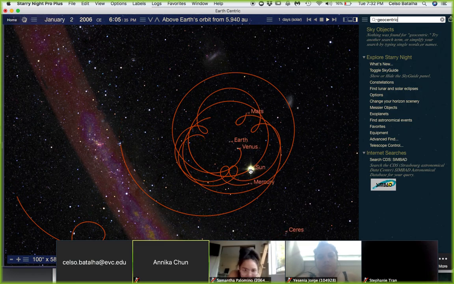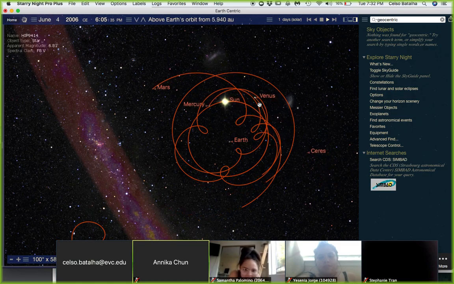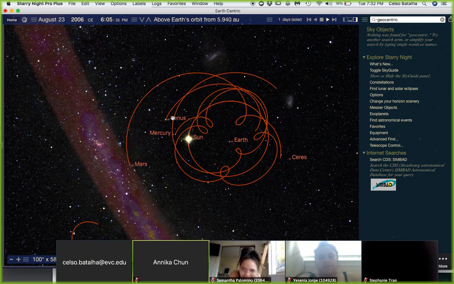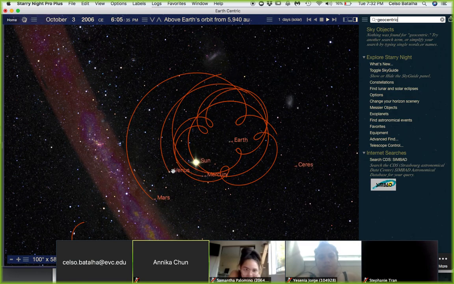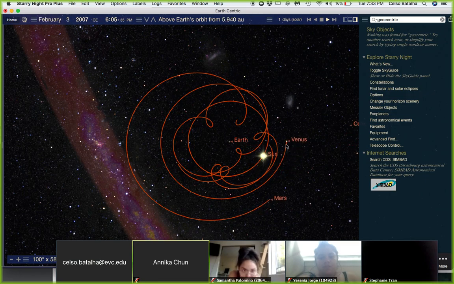Same thing with the moon. The moon is not showing here, at least I don't see it. Now let's take a look at Venus. Venus is prograding now, but eventually we'll get to a point where it will start retrograding, and it's going to happen now.